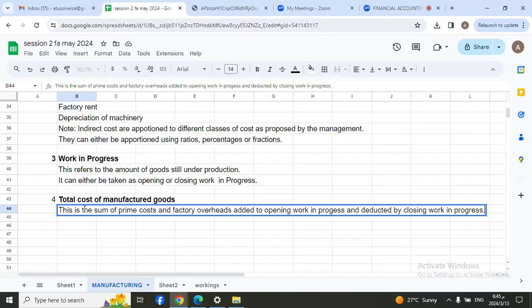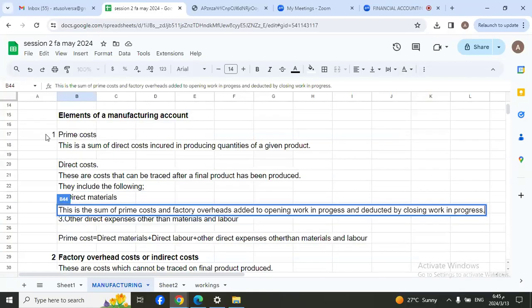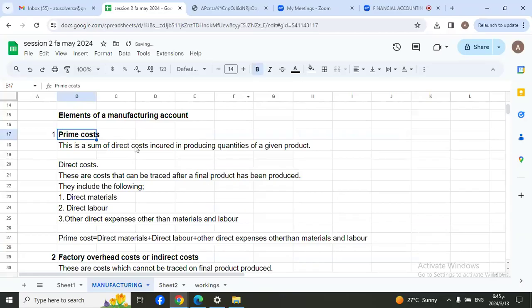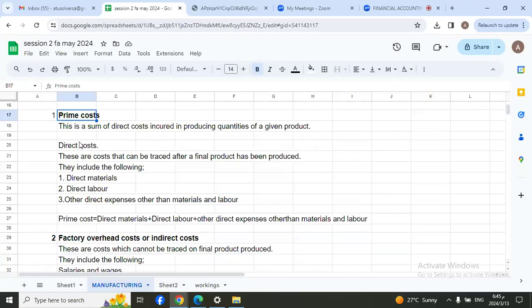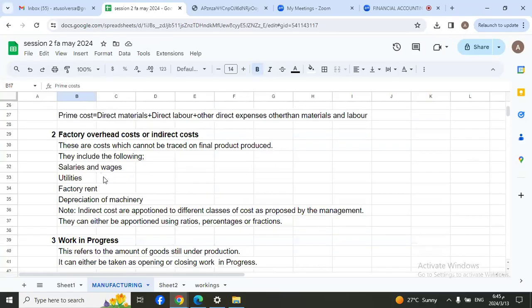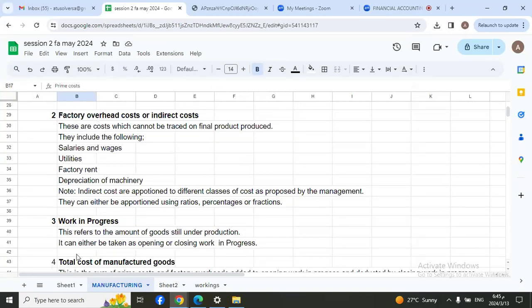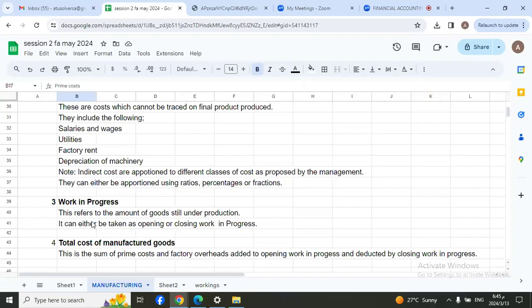This means here we would have fulfilled the purpose of a manufacturing account. In whatever we are going to do, please keep these in mind: I must have my prime cost, my factory overhead costs, my work in progress identified, and the total cost of manufactured goods at the end.